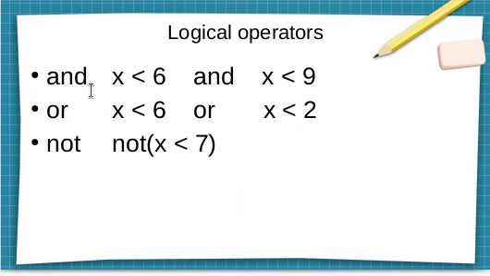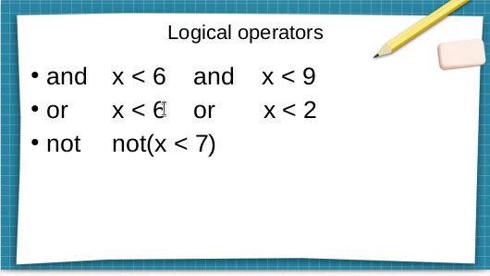Now logical operators. There are three logical operators possible in Python: and, or, and not. We write them in this way. If two conditions are there and we have to fulfill both of them, then we put and in the middle. So if this is one condition and this is the other condition, and we have to consider all of them, then we put and. For the or operator, if one of these conditions is true, then it will give us true.